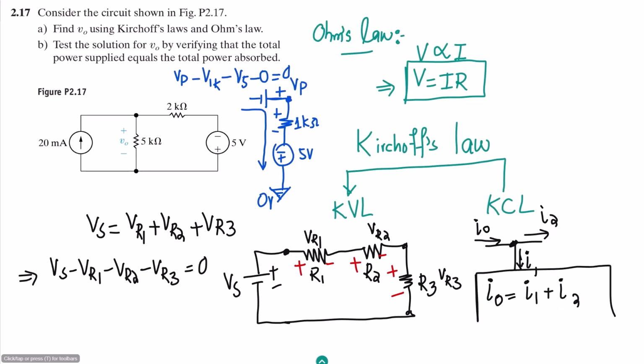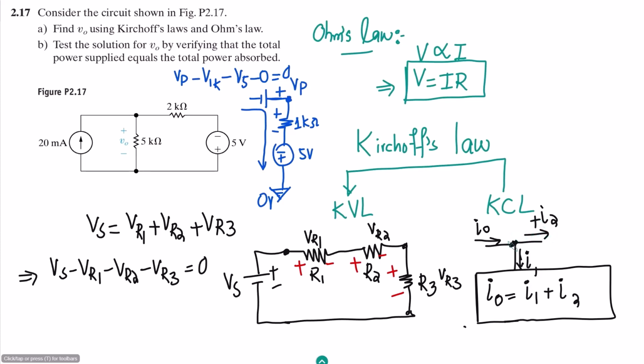Whatever the direction of currents here would be, we have to utilize them here as well. If the currents are moving away, the sign of them will be positive.